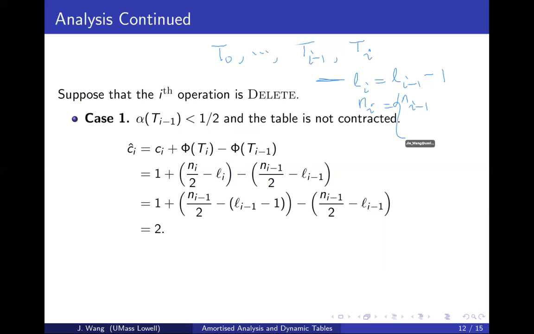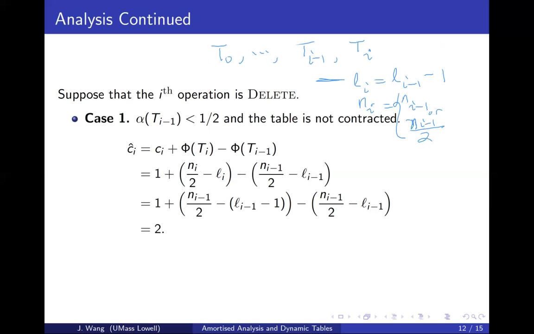Because of deletion, you can only halve or reduce the size. So either the size is not reduced, or it is reduced by 1/2. So either this or this. So we need to determine which case it would be.